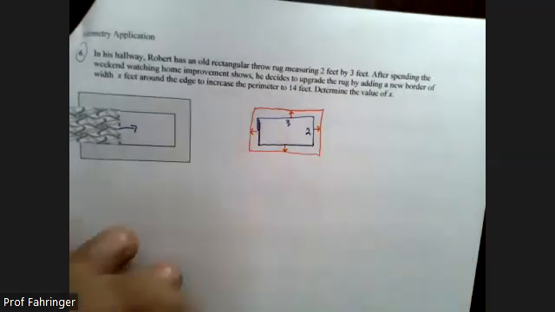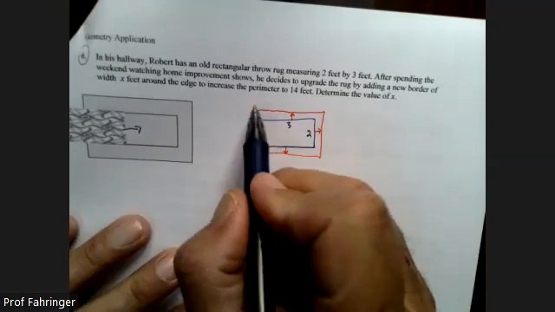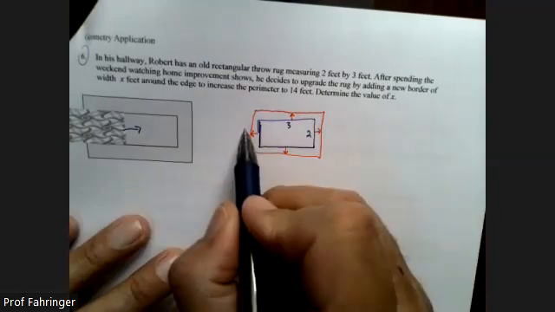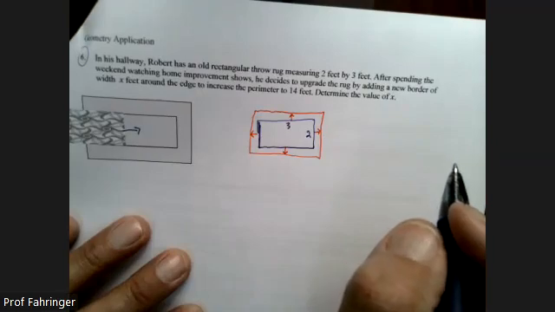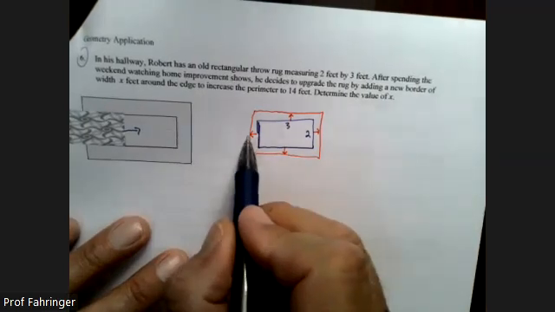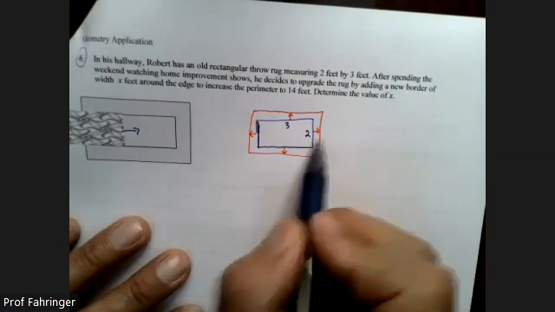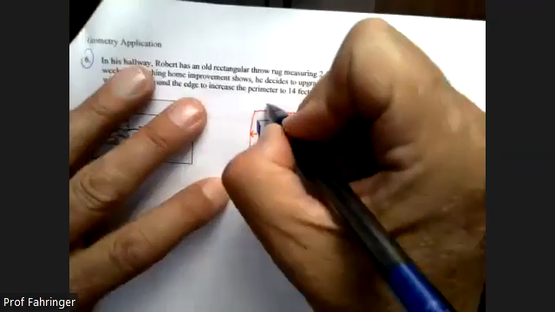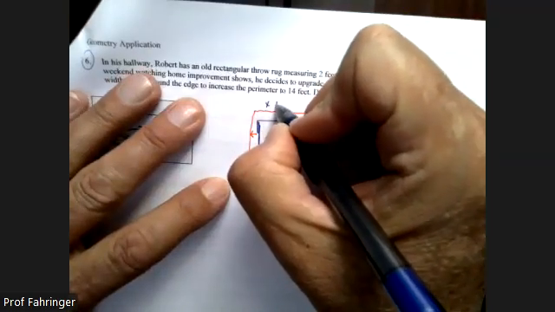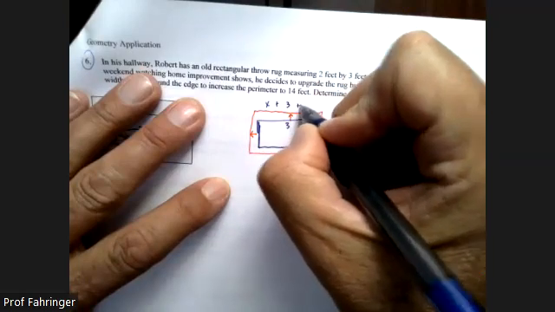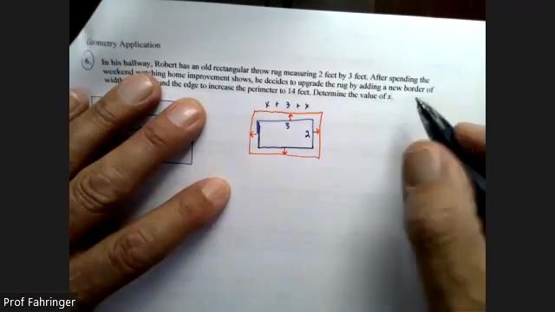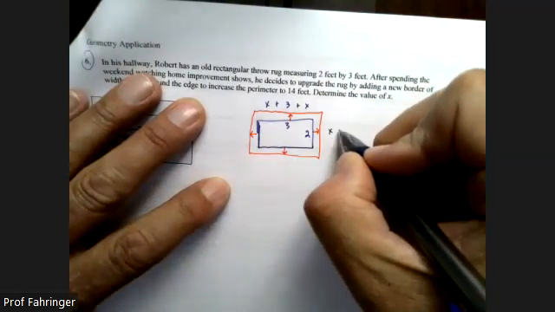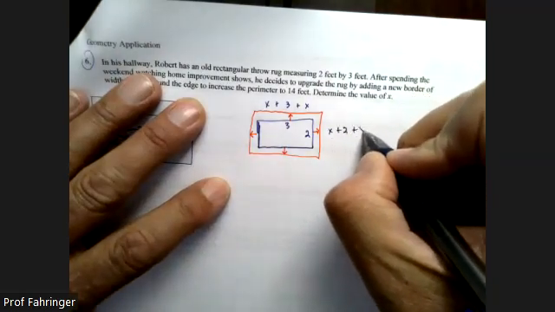Each one of these red lines is X. So what is my new width? X plus 3 plus X. My new height, X plus 2 plus X.